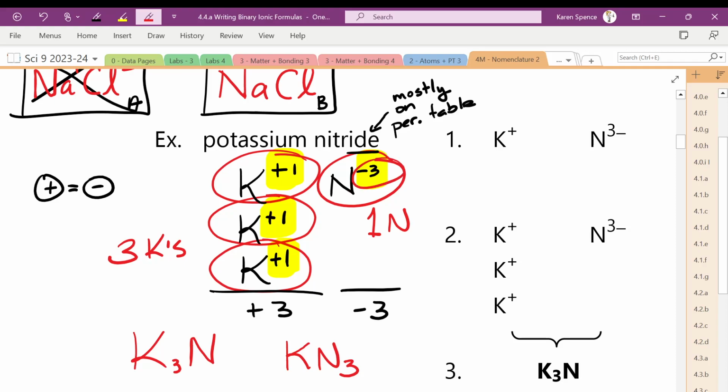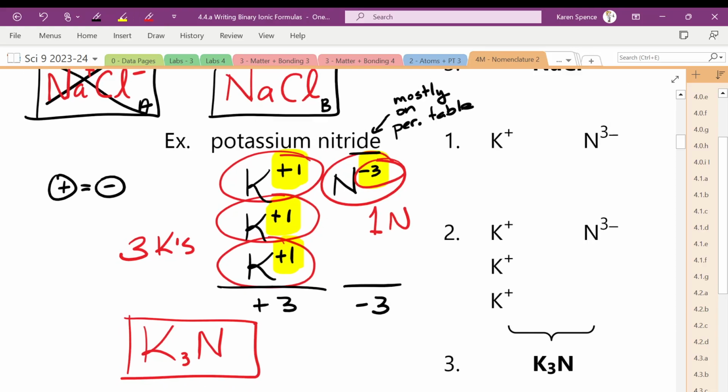Sometimes people see this charge and they just want to throw it down here, but you can't do that. It tells you the number, not the charge. Okay? What about K plus 3 and 3 minus? There's charges in it, so that's no good either. So you want to make sure you don't do any of those things. Just simple and straightforward. Okay?